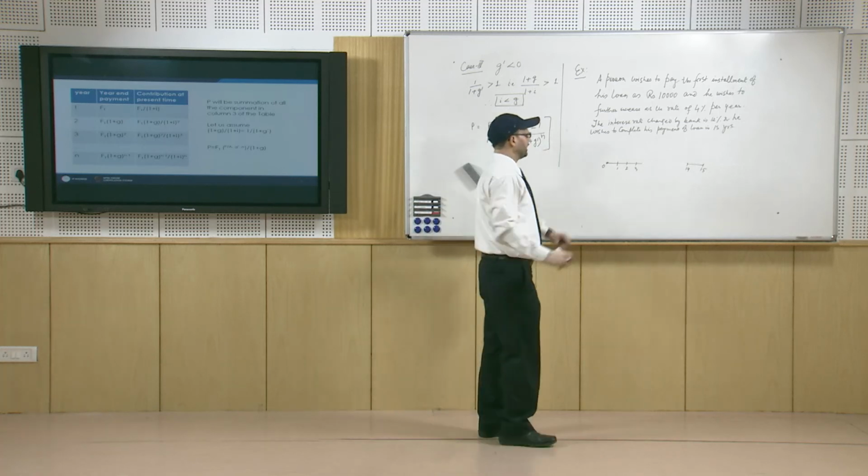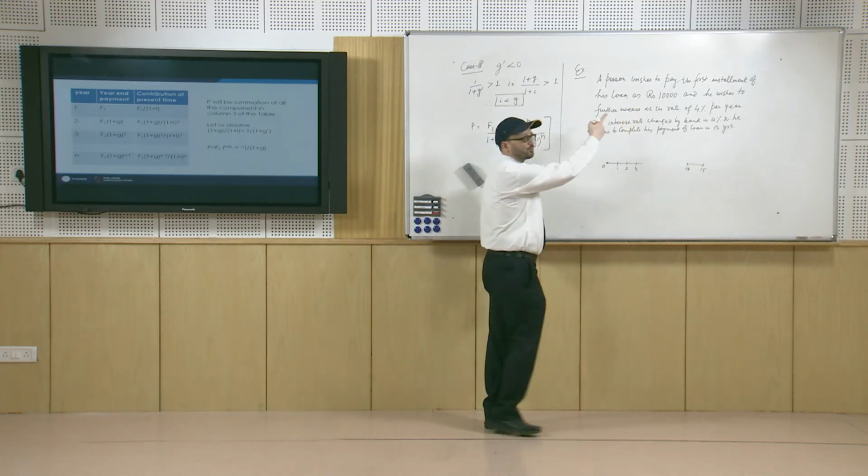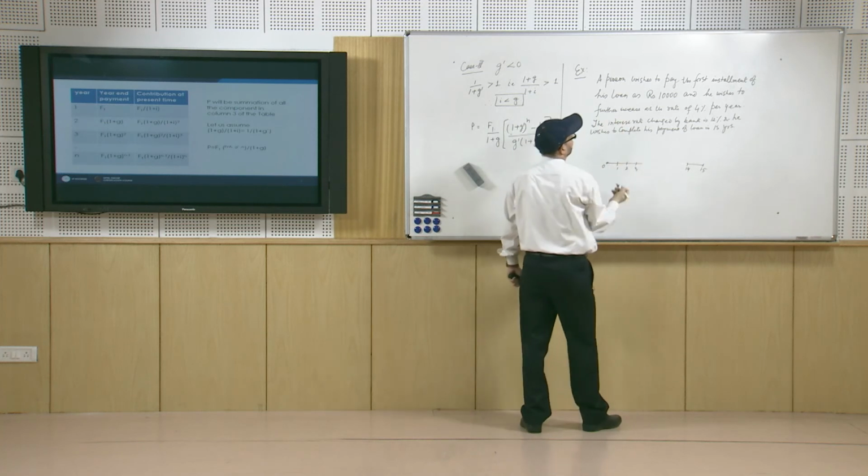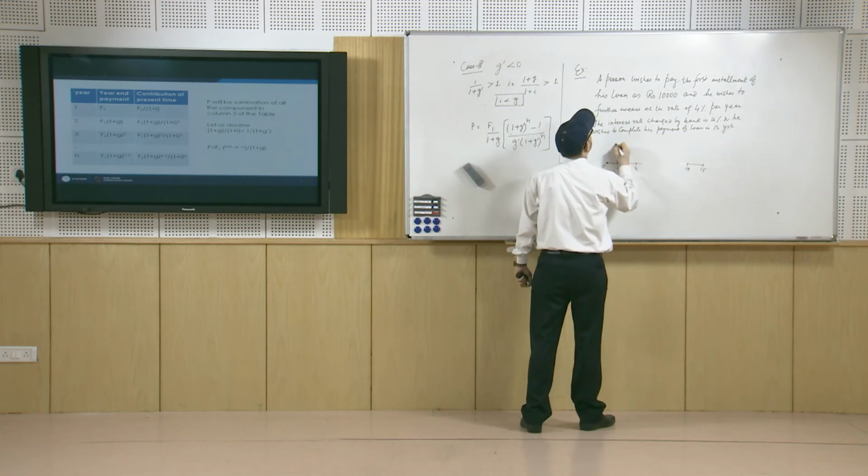So, basically this problem tells that in the first year he is paying 10,000.